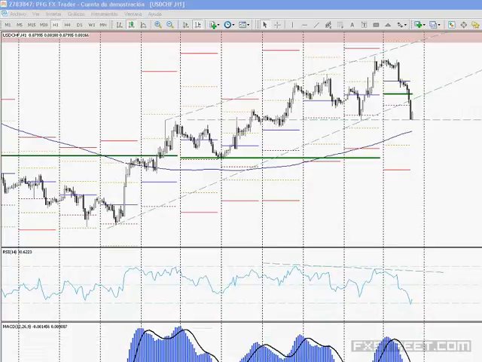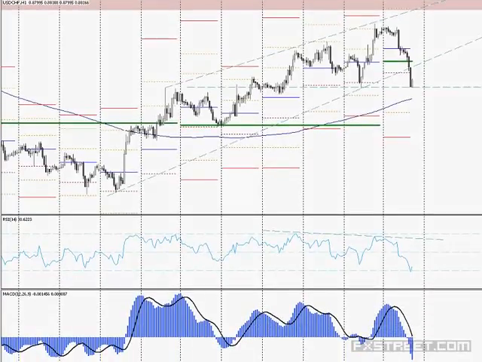We also want to determine the momentum, that is the speed of that trending price action or sideways price action for that matter. We'll want to determine the momentum prior to identifying those setups in terms of risk to reward, and prior to finding our trigger, which would be dictated by our strategies.